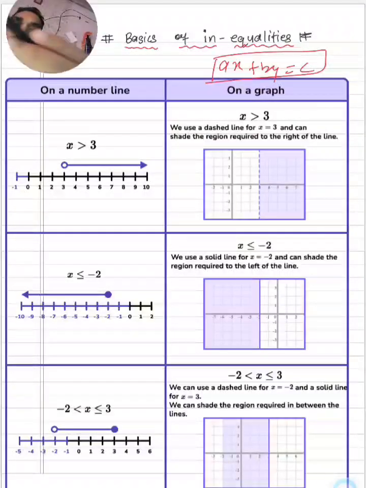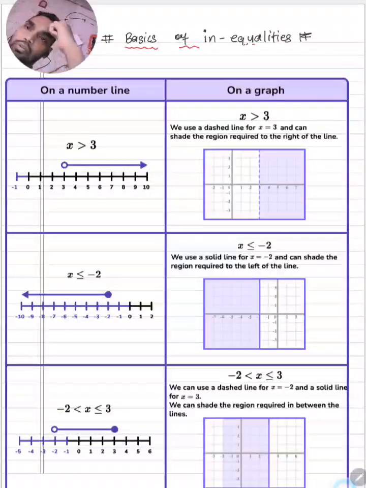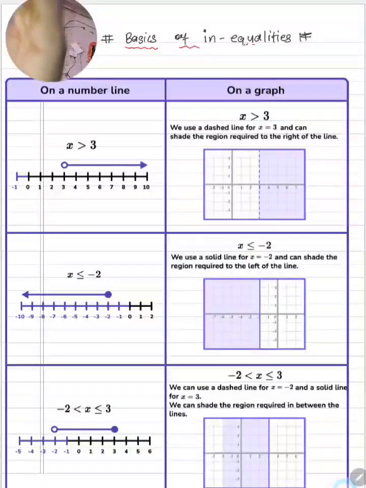Okay. So before starting, there are some basics I already designed over here, so that you can observe. First of all, we should understand the difference between the number line representation and the graph representation. I have taken a few examples over here.